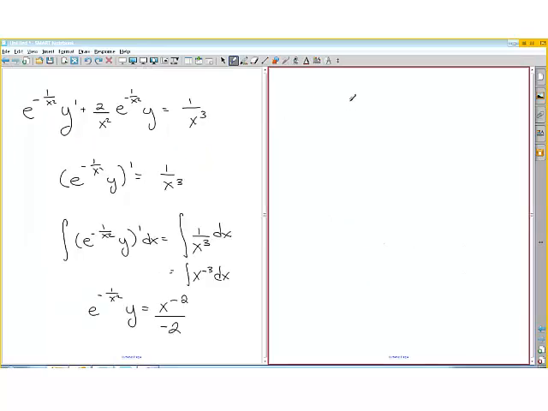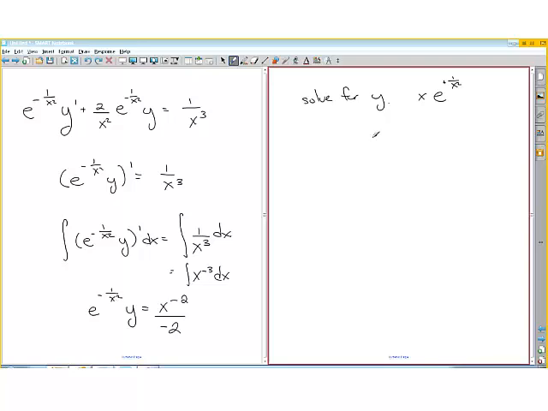So then to solve, we solve for y. So how do we do that? Well, we multiply by e to the plus 1 over x squared. Because if we do that, this one will have e to the plus 1 over x squared plus negative 1 over x squared.